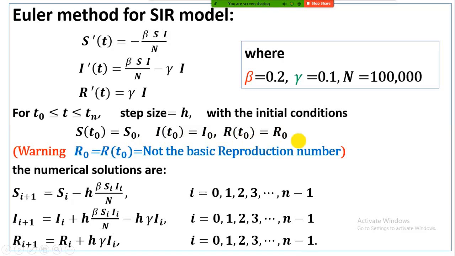Please note that R naught is also used for the basic reproduction number, but here it is not the basic reproduction number. To avoid the confusion, one can also use some other notation like x naught, y naught, and z naught. So the numerical solution by Euler method for SIR model are S_{i+1} is equal to S_i minus h times beta S_i I_i by N. Similarly, the other two equations.